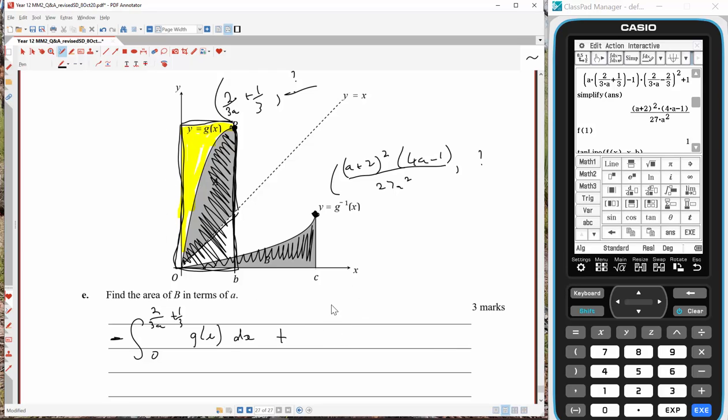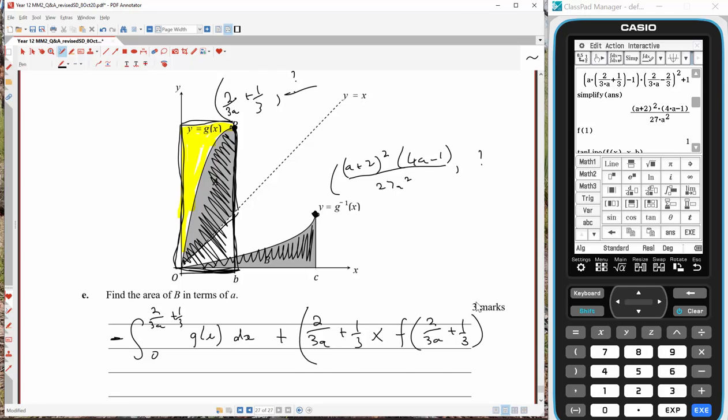So that's going to be 2 over 3a plus 1/3. That's this value multiplied by this value here, but I'm just going to write that as f of 2 over 3a plus 1/3.